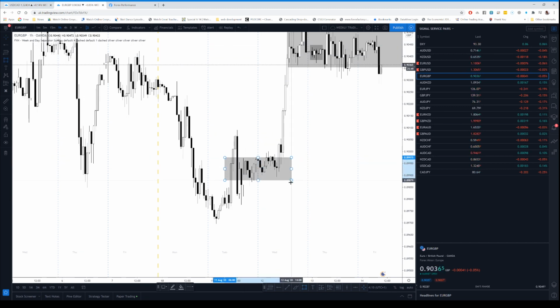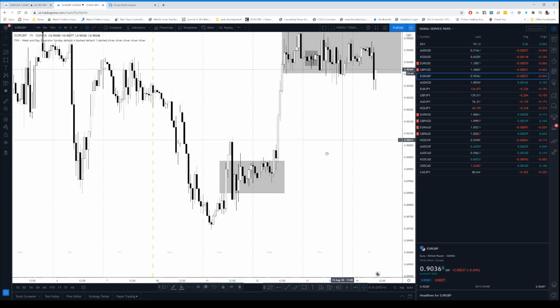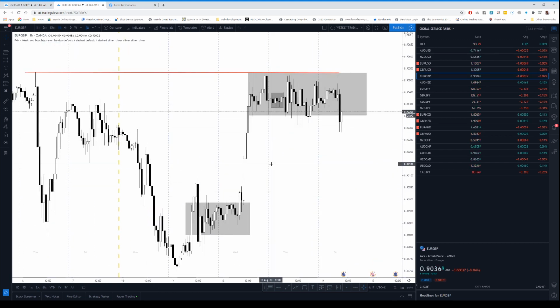When any pair is in a consolidation, your job is to find out where price should go. Sometimes it will be easy to find out because you look on the daily time frame, and your daily will tell you that we are pushing higher, and therefore when we are in a consolidation, price is going to continue going higher.